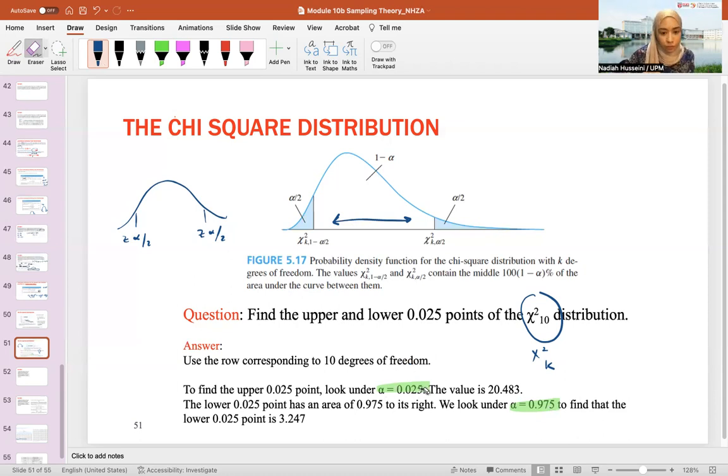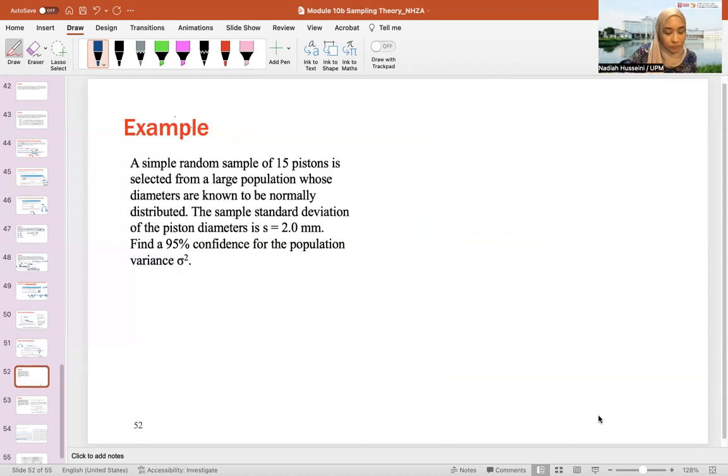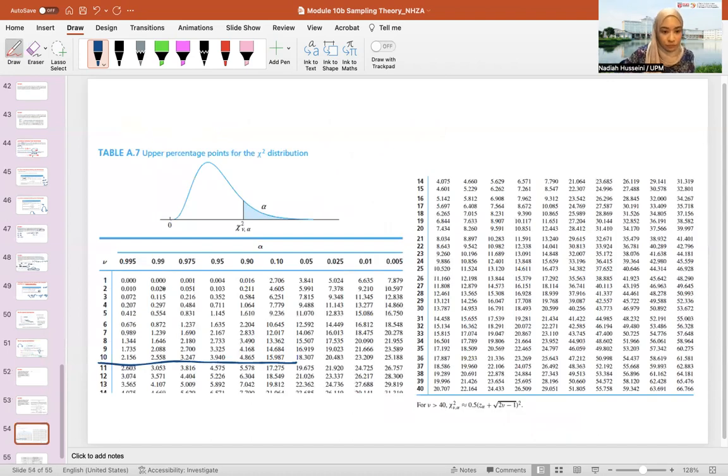So 0.025, the upper and also the lower. 0.975 is basically 1 minus 0.025. Okay, so let's see the table. One was 0.025, this value, and the other was 0.975, which is 3.247. So your 3.247 would be here, and your 20.483 would be, of course, the further side, 20.483.